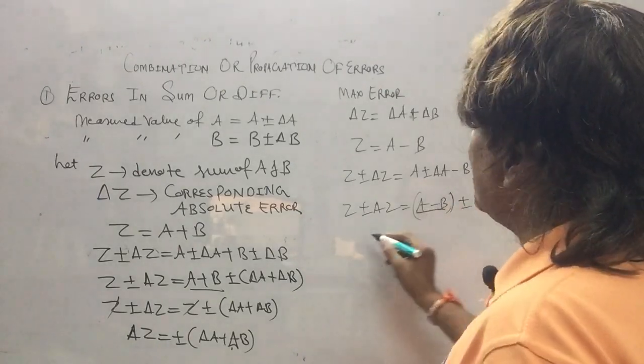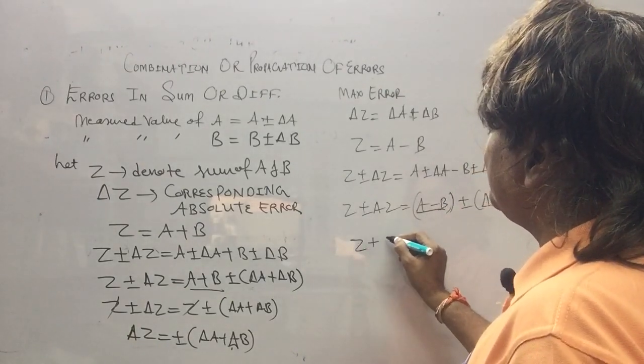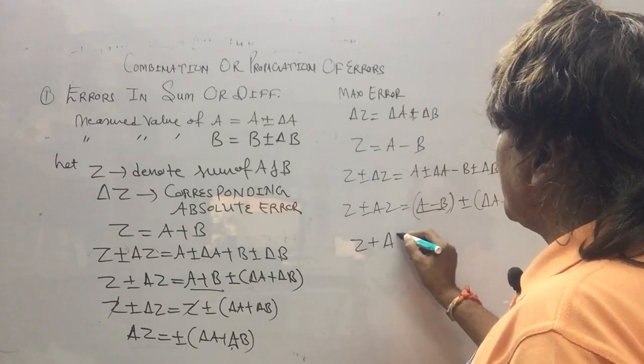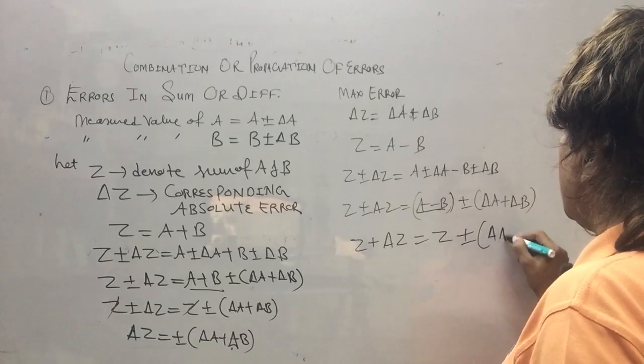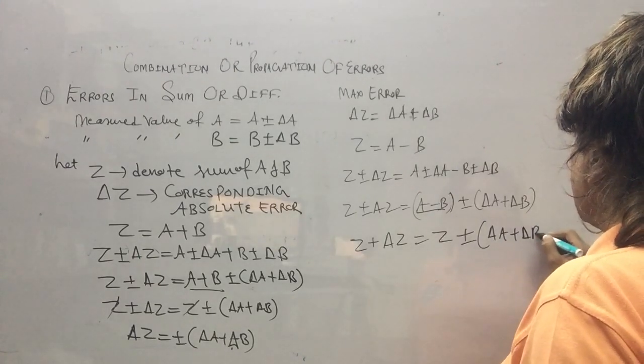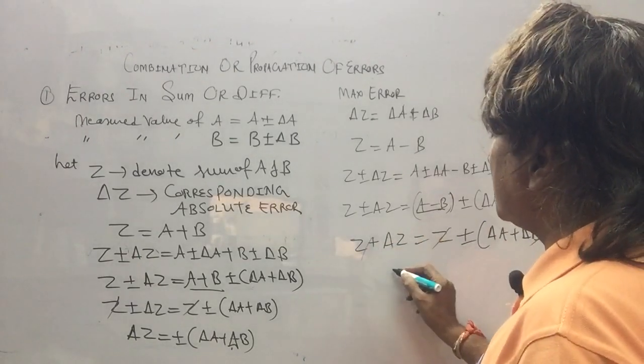What is A minus B, students? Z. Yep. So this is delta A plus delta B. This gets cancelled.